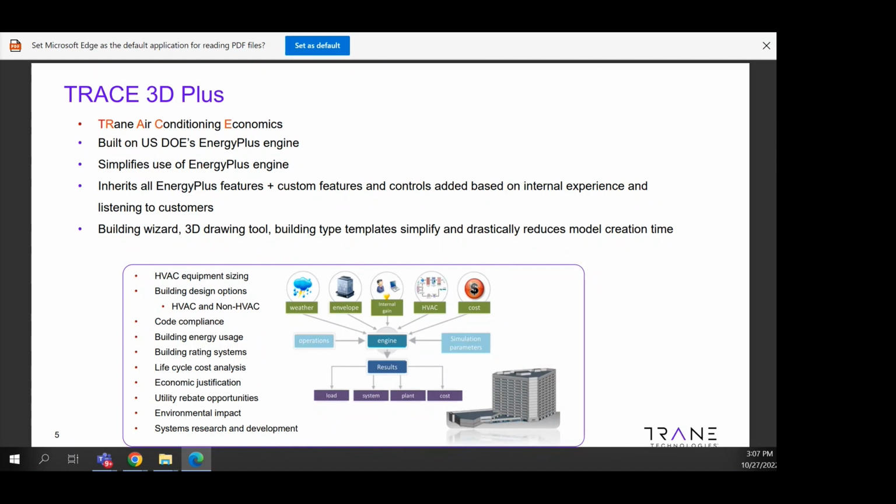Specifically in this case, features like the building wizard, 3D drawing tool, and building characters speed up the model creation process.